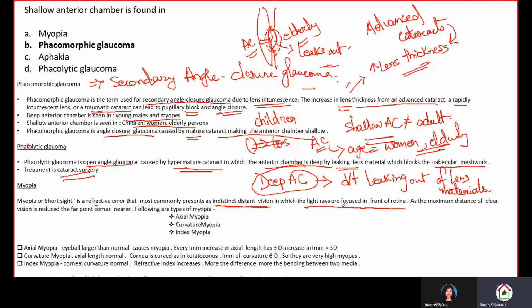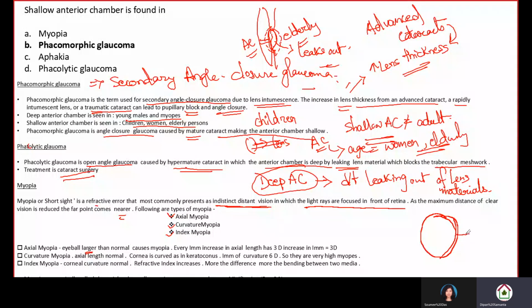Now, as the maximum distance of clear vision is reduced, the far point comes nearer. The following types of myopia are axial myopia, curvatural myopia, and index myopia. Axial is when the eyeballs become larger. So remember one thing, very logical.